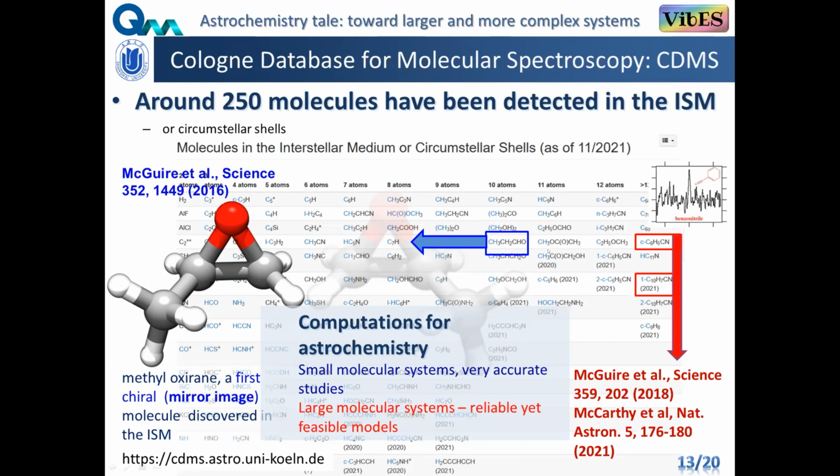And these molecules can be big or important organic molecules like methyloxirane, which was the first chiral molecule discovered in the interstellar medium, or some aromatic molecules, including nitrogen. So this really shows us that the complexity of what can be found is quite large.